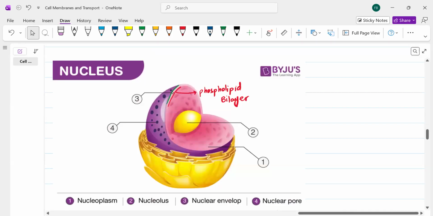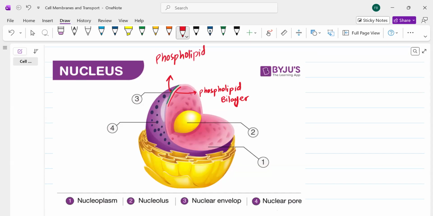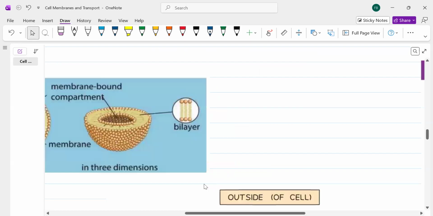You cannot say that these two layers collectively are one phospholipid bilayer. It's not the case. There are two layers and each layer is made up of a phospholipid bilayer, just like this.